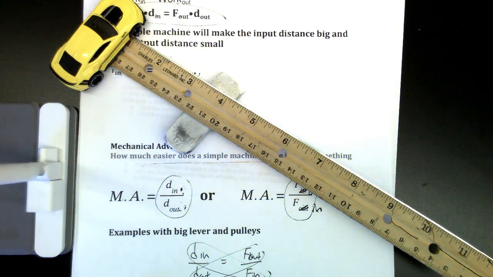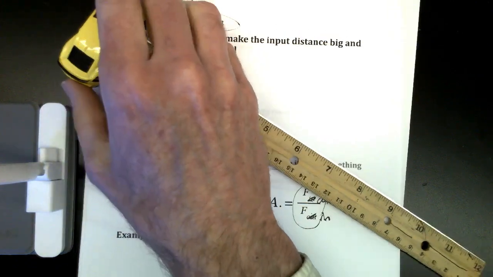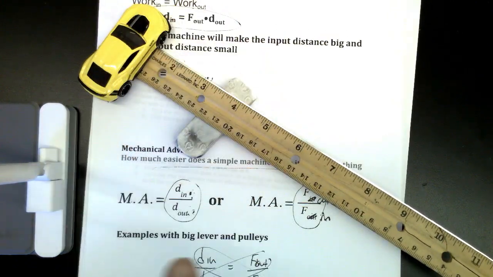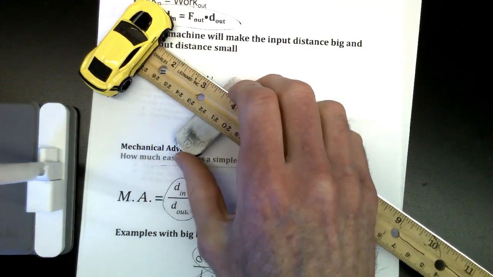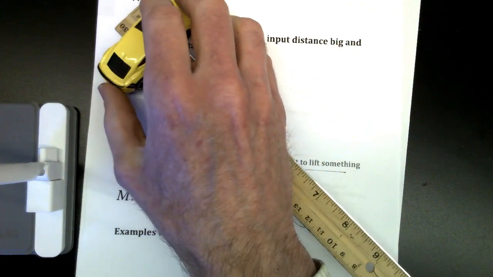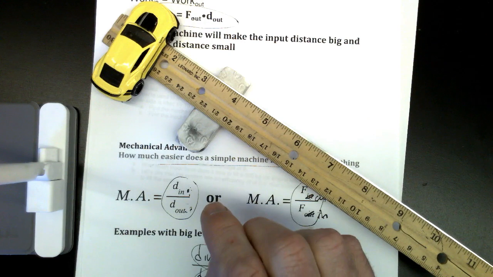Okay, so if I'm trying to lift this car up over here, let's say this car is 1,000 pounds. I can't lift 1,000 pounds by myself, but I can set up a lever system where I can lift it up. And the mechanical advantage is how much easier it is to lift that. So let's say I have a mechanical advantage of 5.